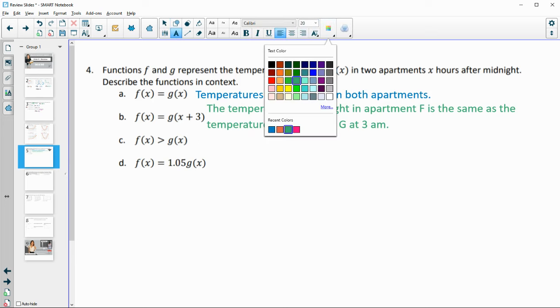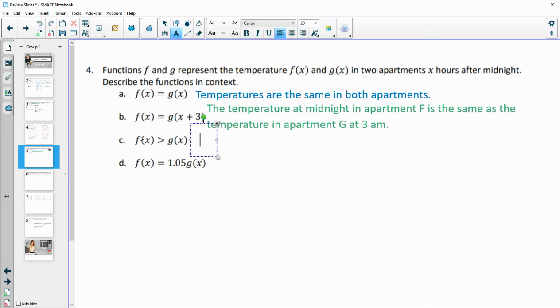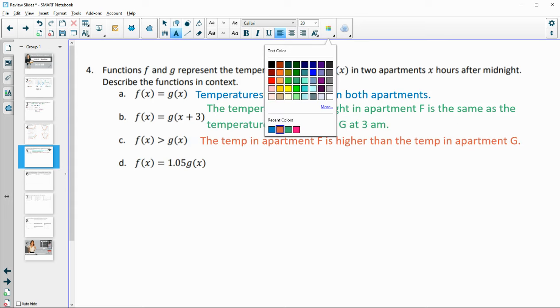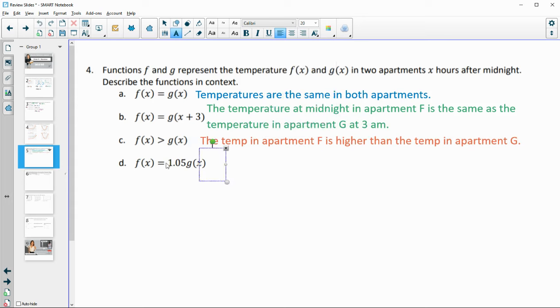Next one says that f of x is greater than g of x. So the temperature in apartment F is higher than the temp in apartment G. And then the final one says that f of x equals 1.05 times g of x.